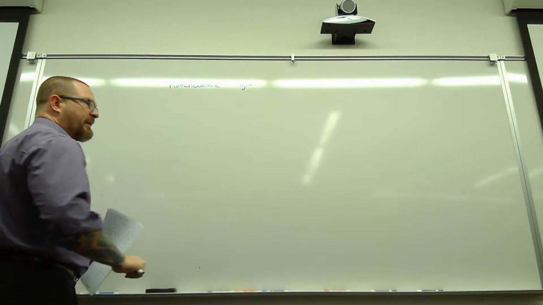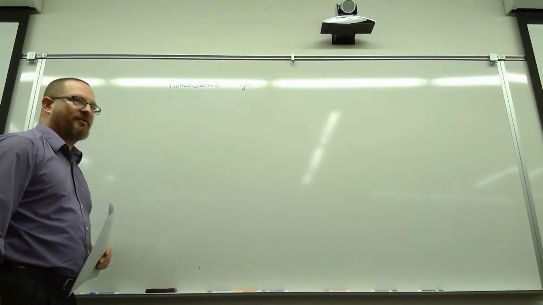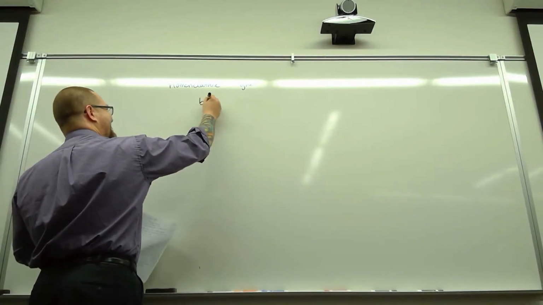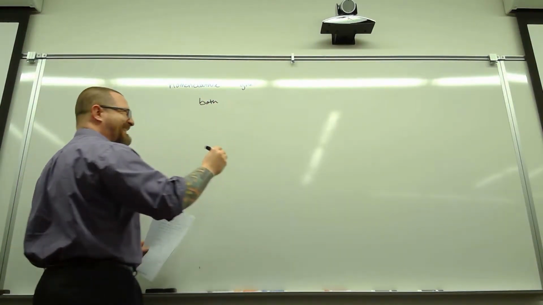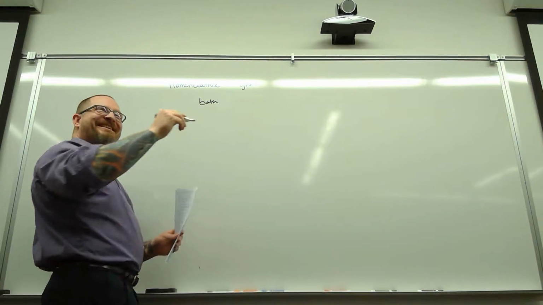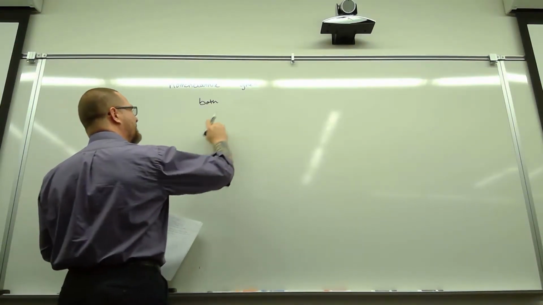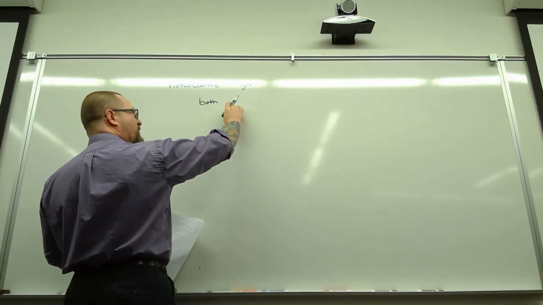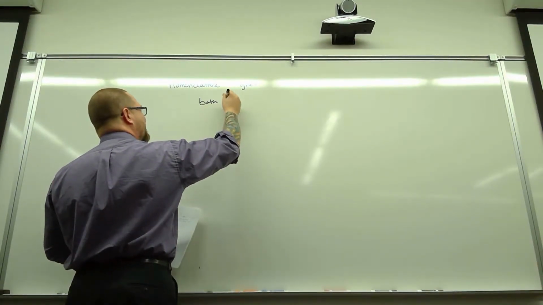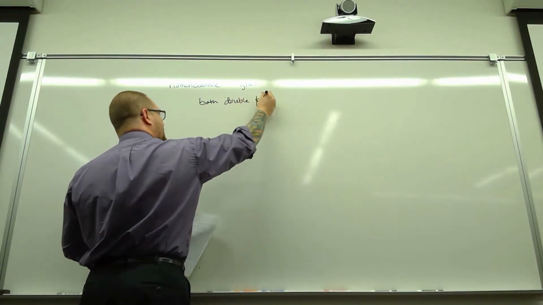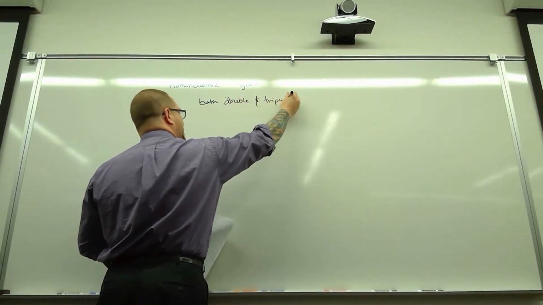So what happens if we've got both double bonds and triple bonds in the same compound? Both double and triple bonds.